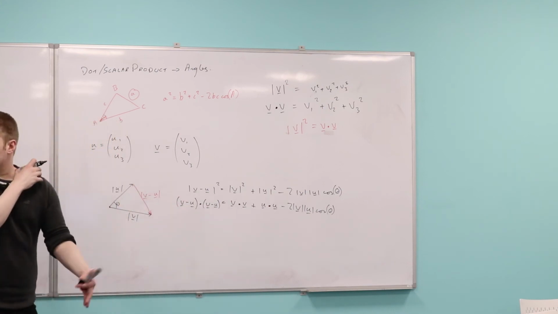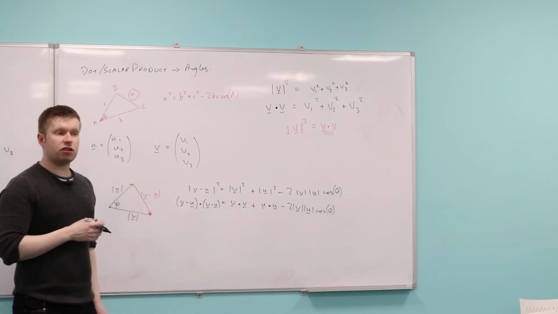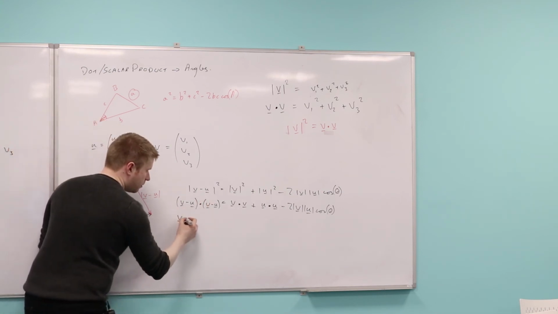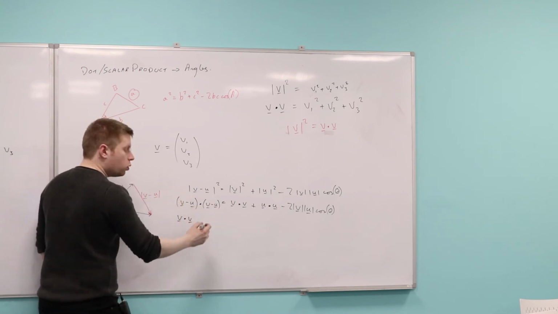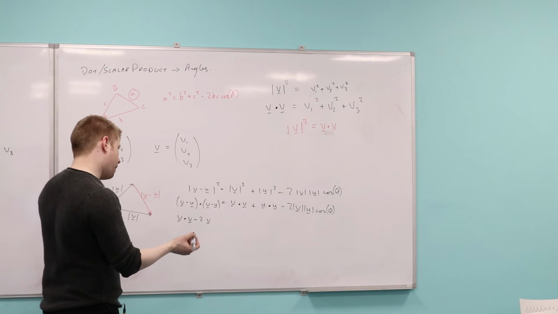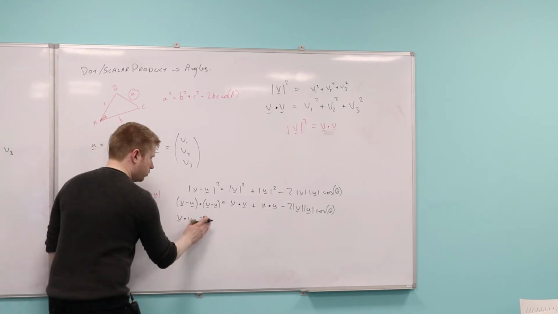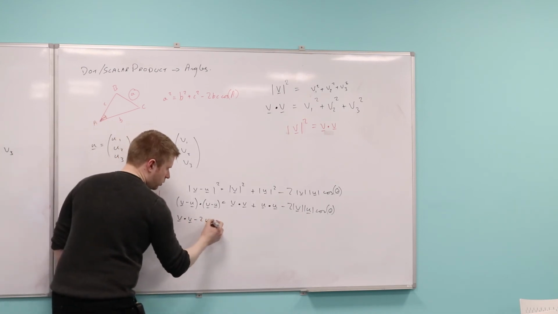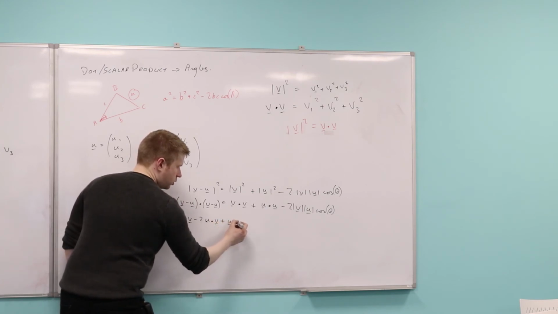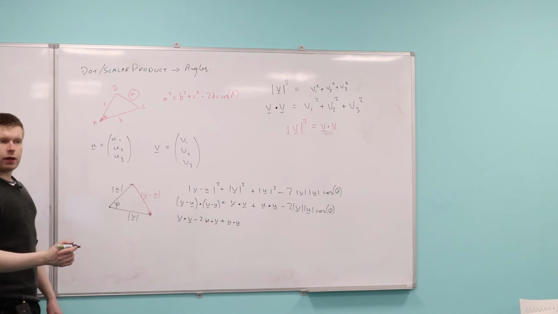Now have a look at that. This just becomes a quadratic. It simply means multiply these two things out. So I'd end up with v times v, or v dot v, minus 2 lots of v dot u, 2uv or 2vu, plus u dot u. Happy with that on the left-hand side?